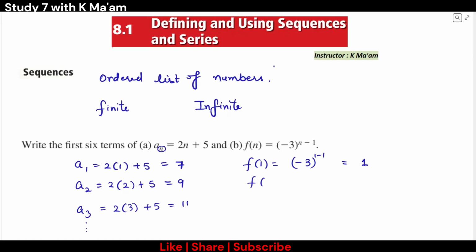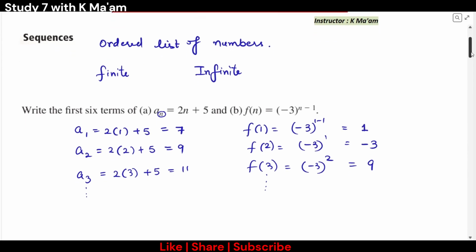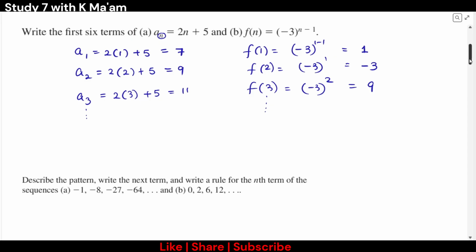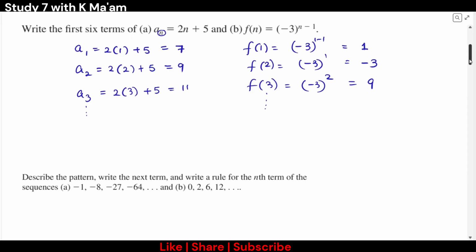Then f of 2 is minus 3 to the power 1, it's minus 3. f of 3 is minus 3 to the power 3 minus 1, that is 2, which is 9. And so on. We have to calculate for 6 terms, so the remaining you can calculate yourself. Try it.